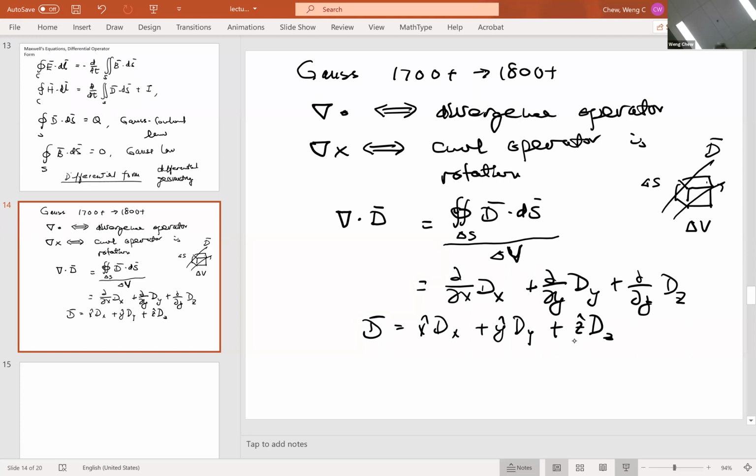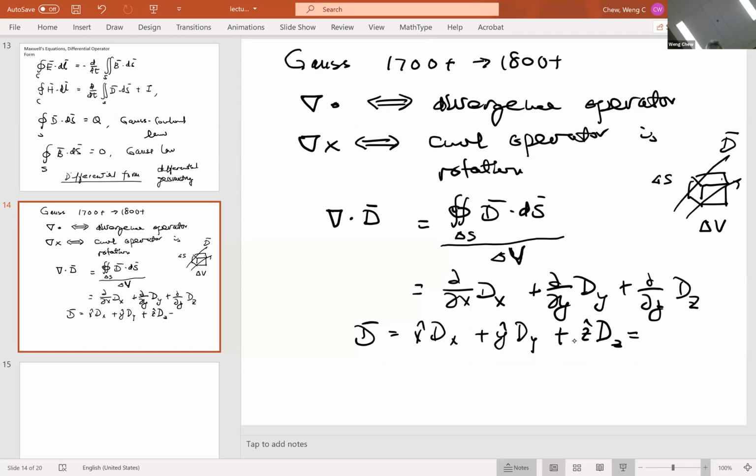Whereas some textbooks may write it this way: dx, dy, dz. That is okay. Doesn't matter how you write it. It means the same thing. Or some textbook might even write it with i, j, k. No matter what you see, they mean the same thing. You just have to know how to translate from one form to the other when you see them.